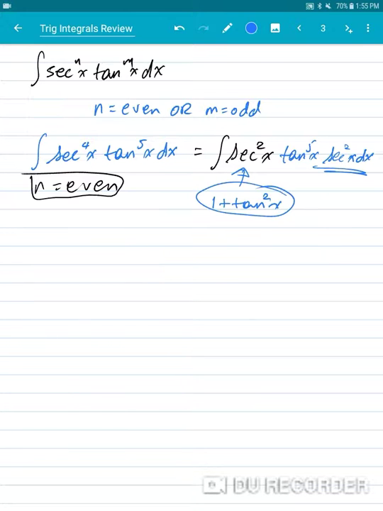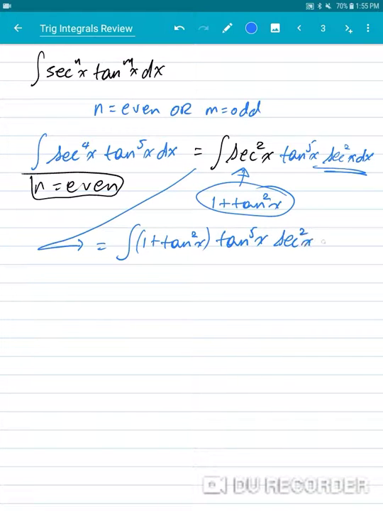Okay? So then this expression becomes 1 plus tangent squared x times tangent to the power of 5x times secant squared x dx. So if we let u be tangent x, then du becomes sec squared x dx.